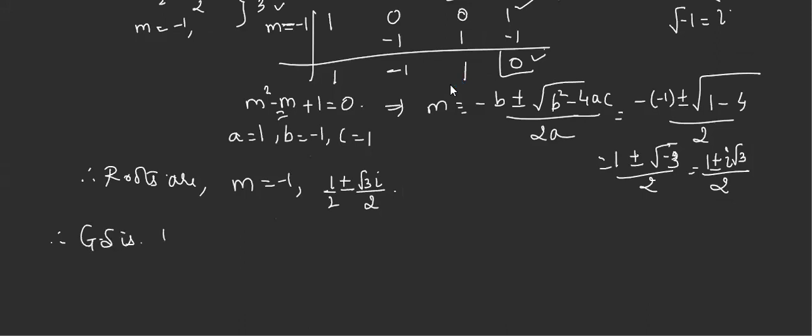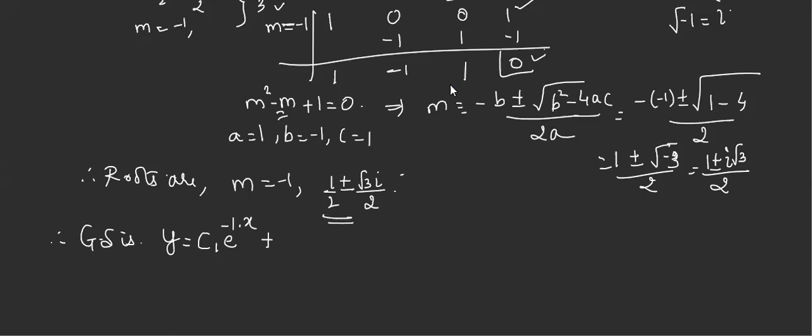Real. So how do we write the general solution, if you remember? For a real root, it should be written as C1 e raised to that root, minus x. Now this one is complex.